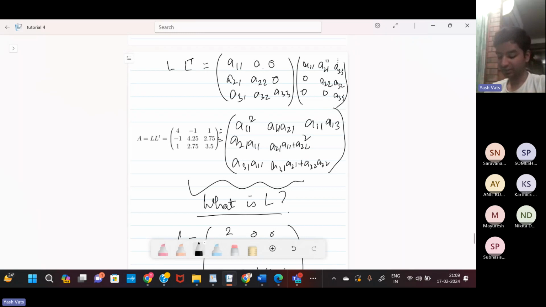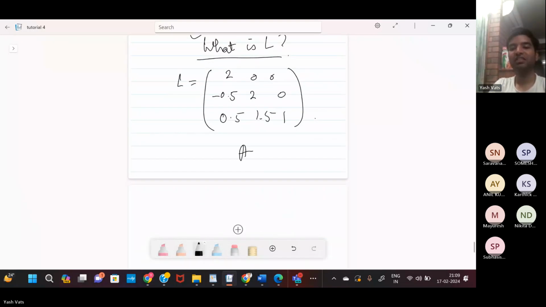Now, if anyone has any doubt, just ask. Sir, please tell me something more about positive definite. Is the only way that all eigenvalues are positive, or is there any other way? Another way is to check using inner product: x transpose A x greater than 0 for every nonzero x.